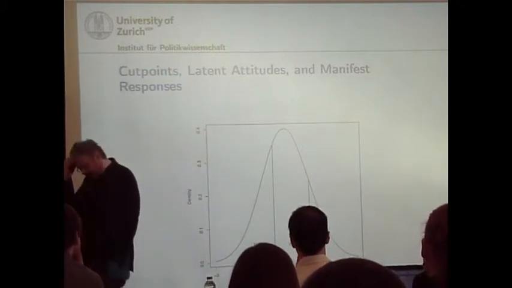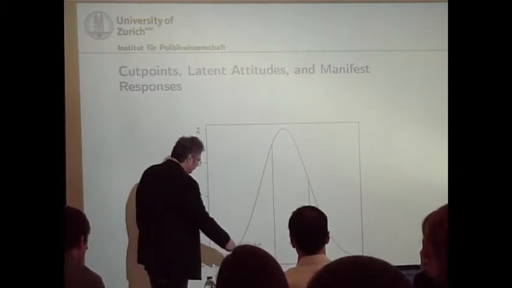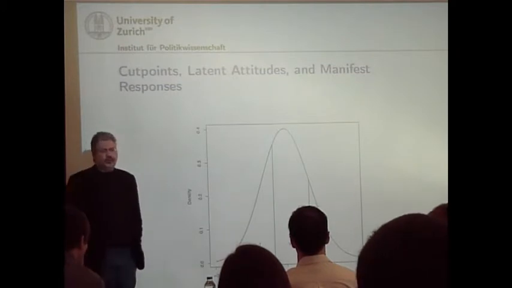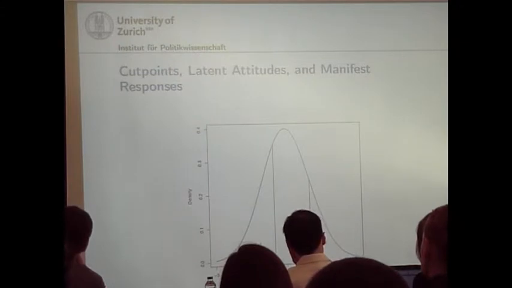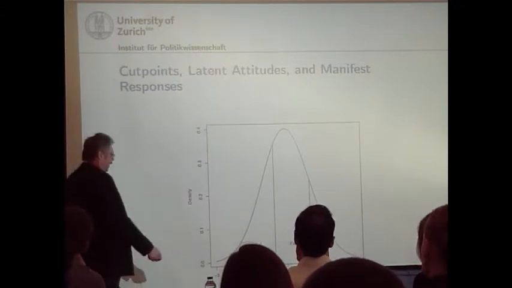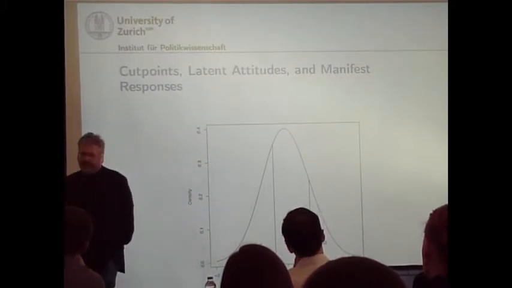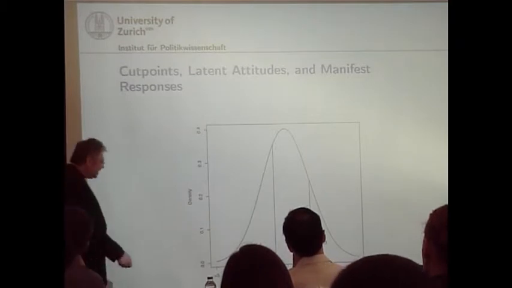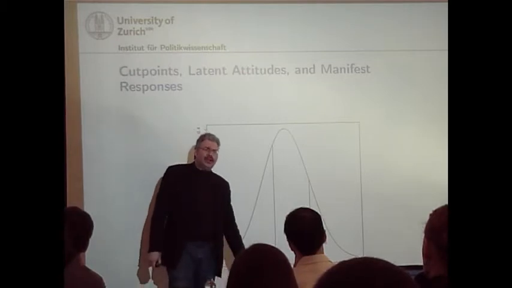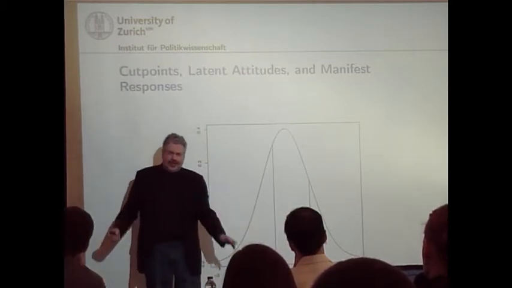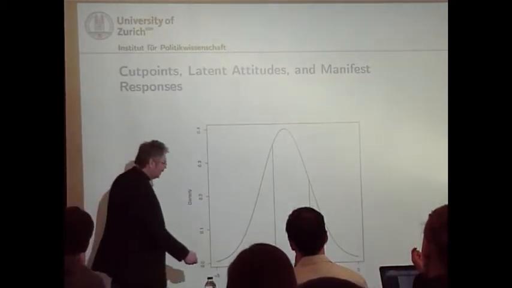The way you can think about it is, if your latent attitude falls short of kappa 1, that is, you really are not inclined to think that Labour makes your life better, then you will give the response, I disagree with the statement. Now, if you at least exceed kappa 1, then you have at least some inclination to say that Labour makes life better, but you're not wildly enthusiastic.